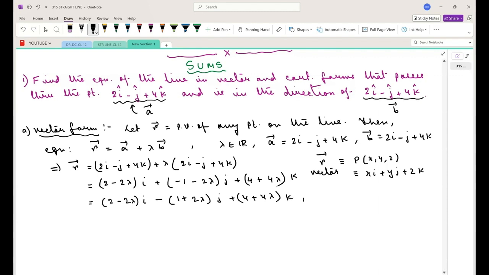And please mention that lambda belongs to R once more in the last step. So this will be the equation. That is, if I put r here, this is the final answer. Right. Now let's do the same sum in the Cartesian form.